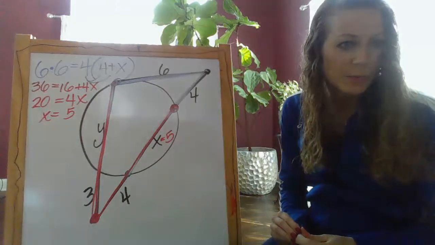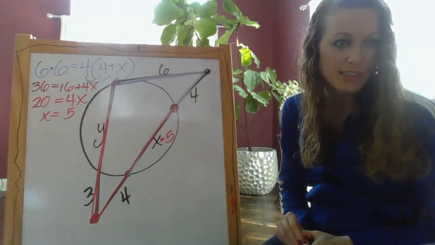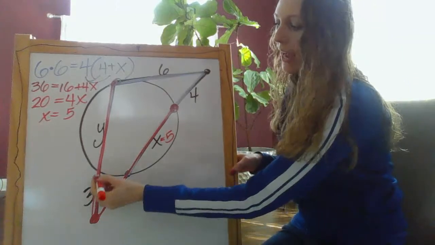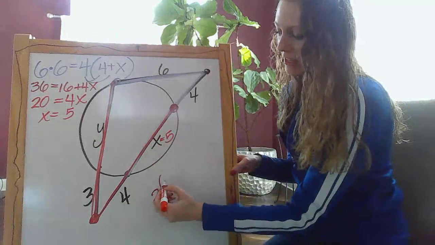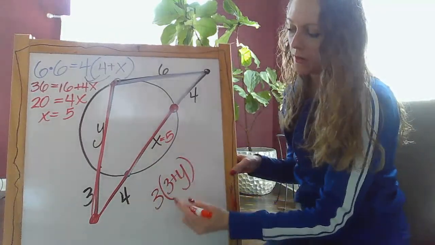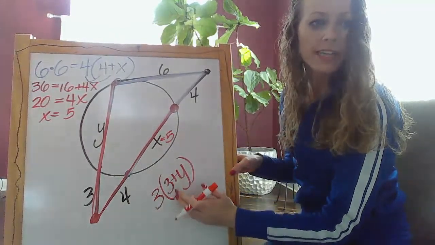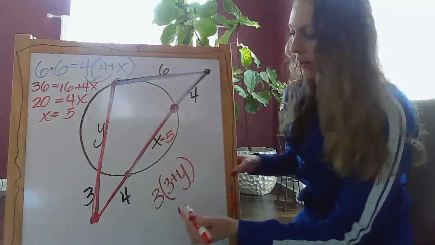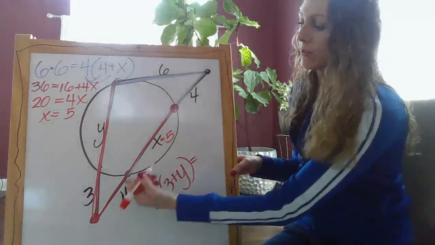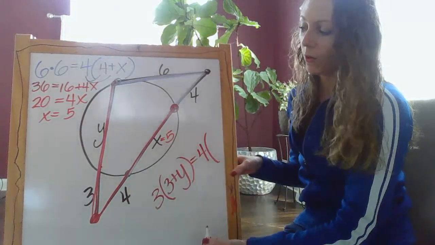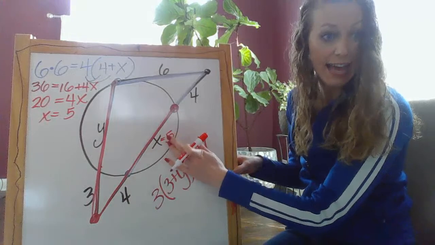All right, so we've got some great equations. 3 times 3 plus y, yep. So outside part of 3 times the entire length, 3 plus y. Remember, addition's commutative, so if some of you were thinking y plus 3, that's fine. It doesn't matter the order of your addition there. And then our other side, outside part of 4, and then whole thing, if you had 4 plus x, that's great.